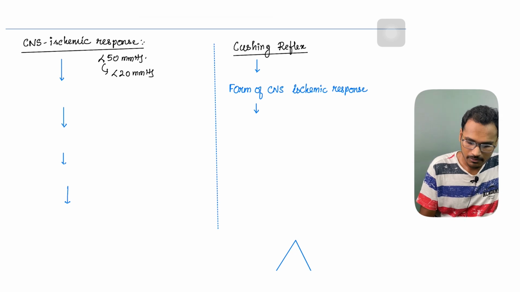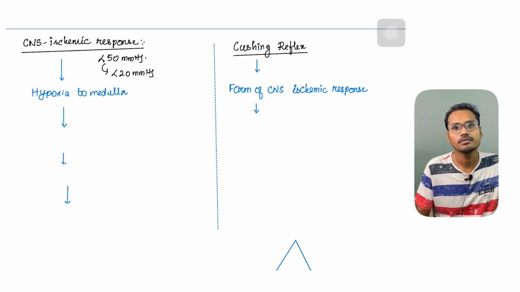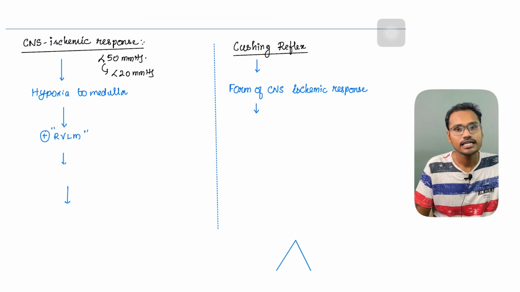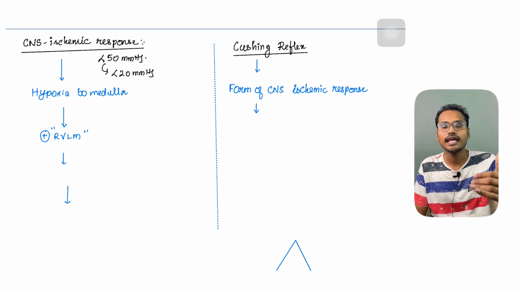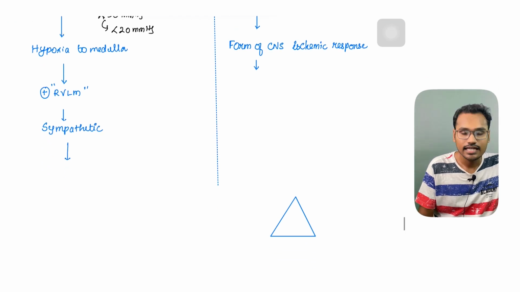So what is going to happen here is there is going to be hypoxia to the medulla. The entire medullary region itself is not getting a blood supply. So there is going to be a direct activation of RVLM. Please note down this, here it is RVLM which is directly activating it. So there is going to be a severe sympathetic stimulation, and this can increase the BP.